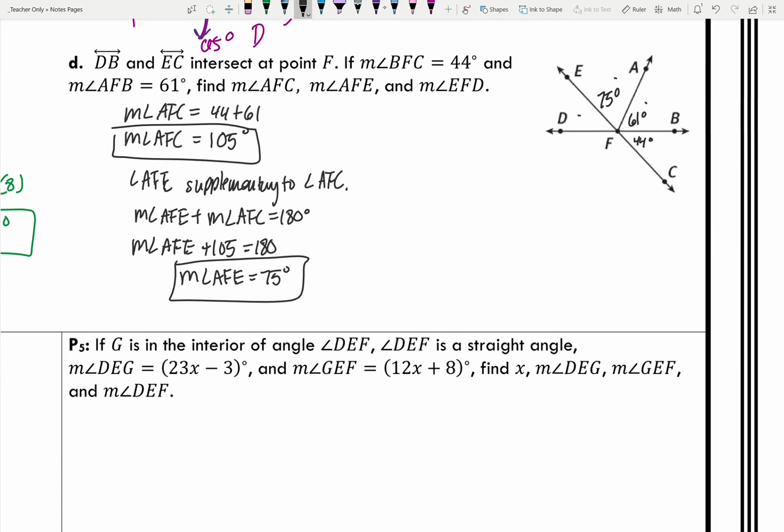I took 180 and subtracted 105 to get 75. So the measure of angle EFD is equal to 180 minus 75 minus 61. And then in my calculator, that gives me that the measure of angle EFD is equal to 44 degrees. And that's part D.